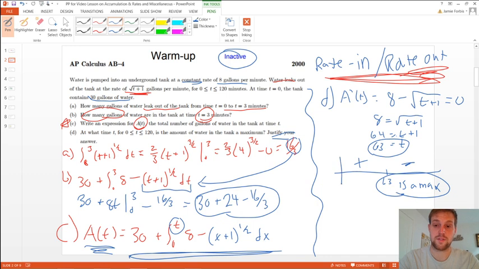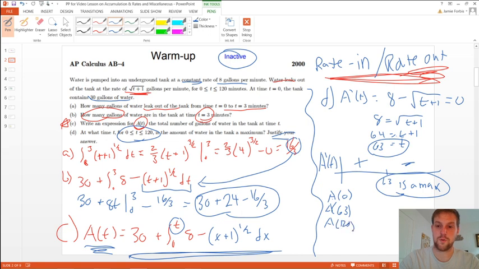We tested points on A prime of t. Now, we are on a closed interval, so I would also suggest finding the values for A of 0, A of 63, and A of 120.